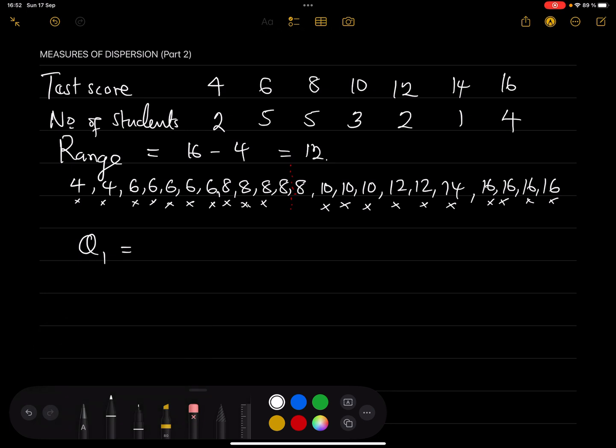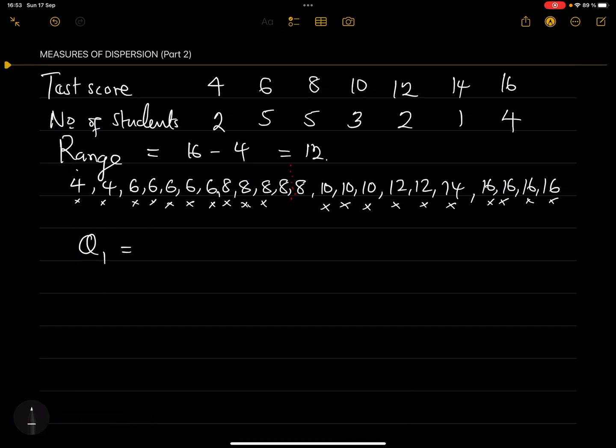So the lower half is from 4 to this 8 before the red line, and the upper half is from 8 to 16. You calculate the median of the lower half to get Q1. You can also cross out from here to make it faster. Can you see that?